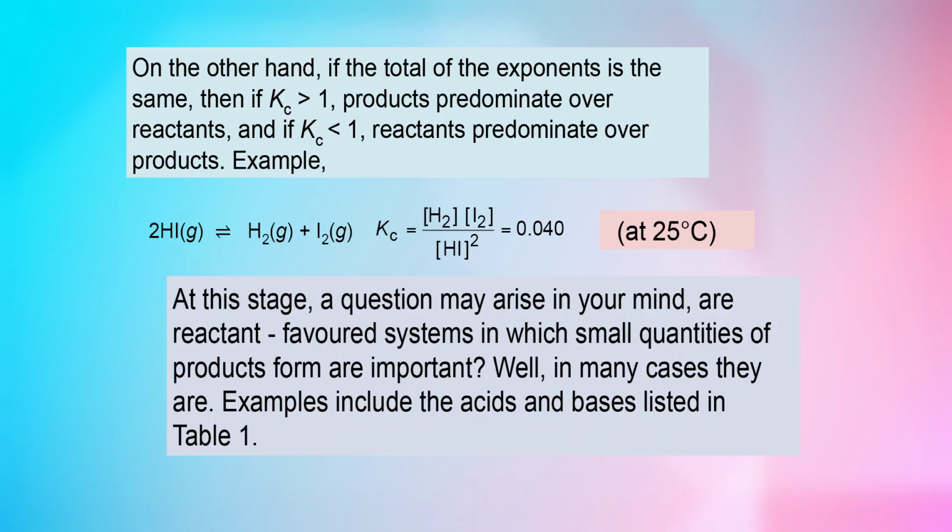So, a question now very pertinent to ask is: are reactant-favored systems, in which small quantities of products form, important? Yes, they are. You see in table 1, which we have done before, there are many acid-base reactions which have Kc much less than 1.